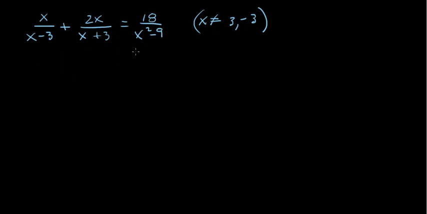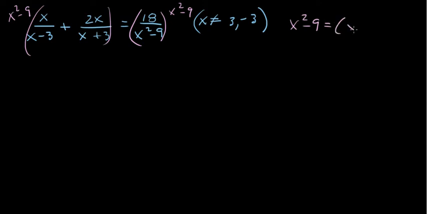And so we're going to multiply both sides here by x squared minus 9. Now, x squared minus 9 is equal to x plus 3 times x minus 3.